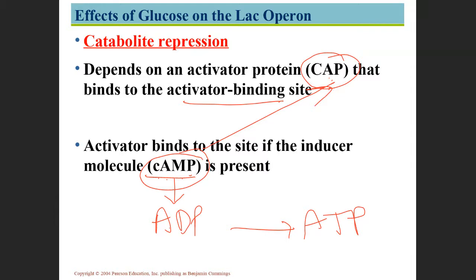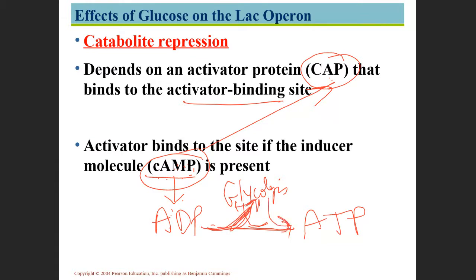If glycolysis is going on because glucose is present, sorry, let me put it this way. The AMP will be used to make ADP, which will be shuttled into glycolysis. So let me put here glycolysis. There we go. So glycolysis will be using the ADP to make ATP.